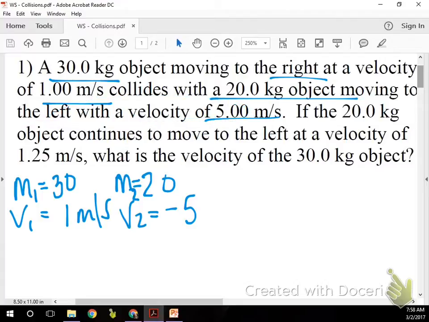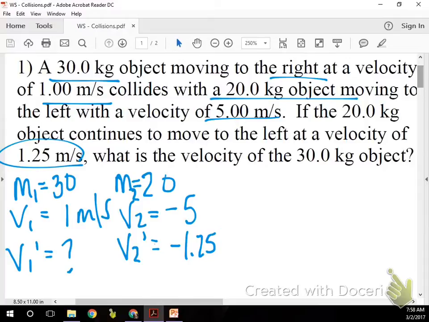If the 20 kilogram object continues to move to the left, so that means V2 prime, right? What does the prime symbol mean? After or post-collision. Good. If it continues to move to the left with a velocity of 1.25, so negative 1.25 here, what is the velocity of the 30 kilogram object, which means we are solving for V1 prime. Okay?